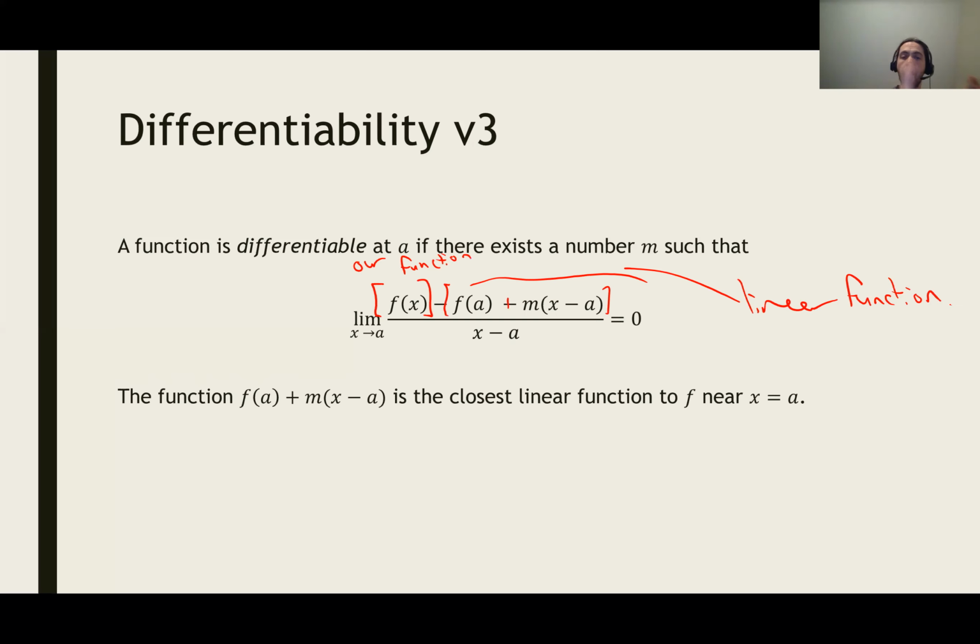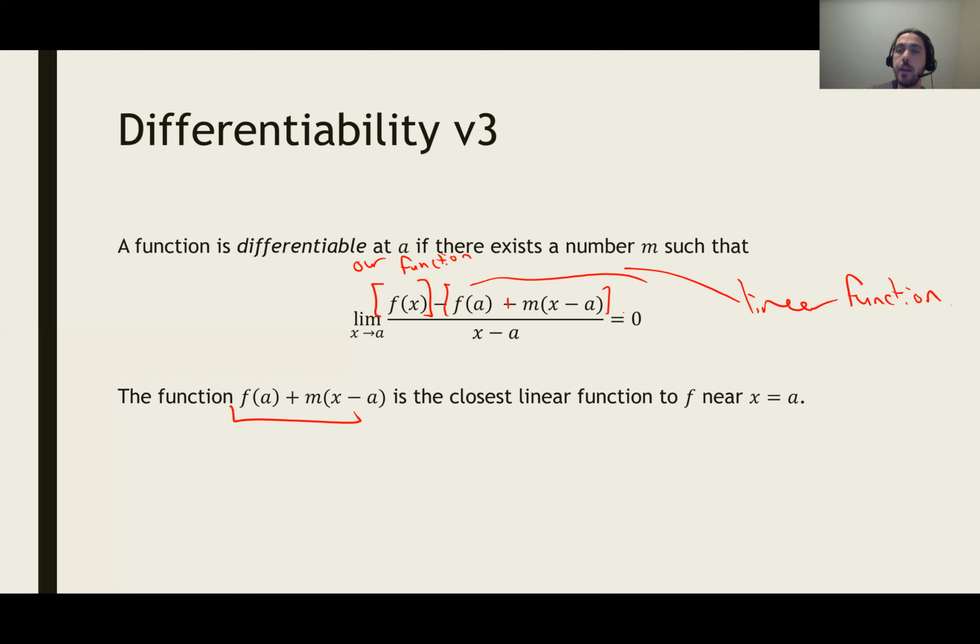We're taking our function minus the formula for a line and then dividing by x minus a. This line here is then going to be the closest line to ours if this limit is equal to 0. So this is a definition of differentiability for single variables that's phrased slightly differently. It says that this difference between our function and the line goes to 0 very quickly. It doesn't go to 0 just full stop. It goes to 0 faster than x minus a does.